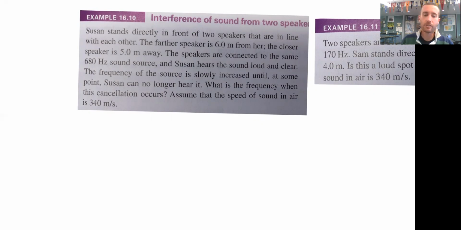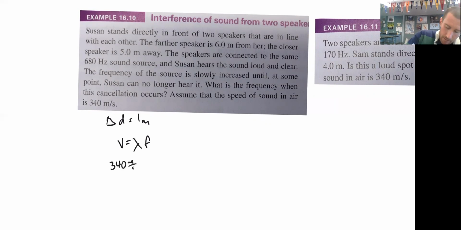Okay, so right now, the speakers are 1 meter away from each other, right? So the change of distance is 1 meter. And at 680 hertz, let's start by figuring out the wavelength just to compare and contrast. So I have v equals wavelength times frequency. 340 meters per second equals the wavelength times 680 hertz.